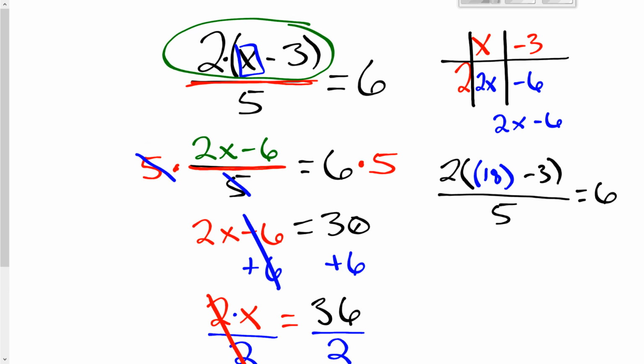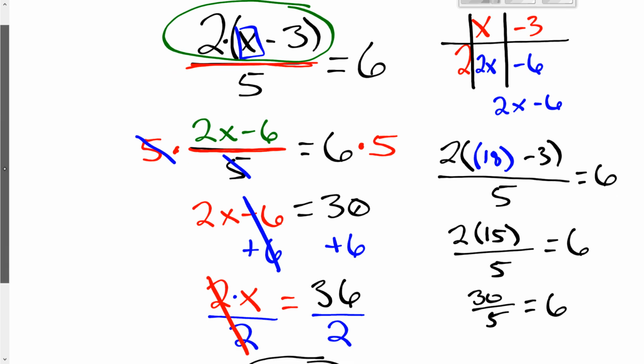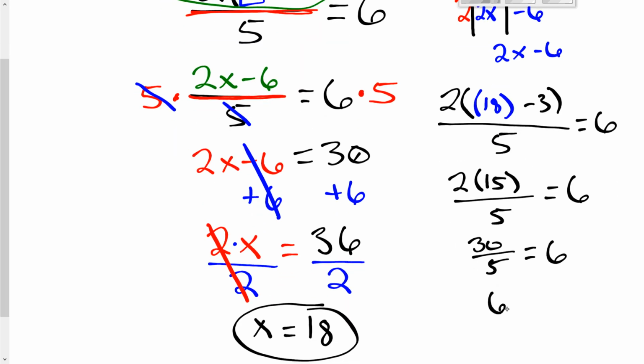And now let's simplify using PEMDAS. 18 minus 3 is 15. Divided by 5 equals 6. 2 times 15 is 30. Divided by 5 equals 6. And 30 divided by 5 is 6. And we know this is true. So this proves that my work was done correctly and that x equals 18.